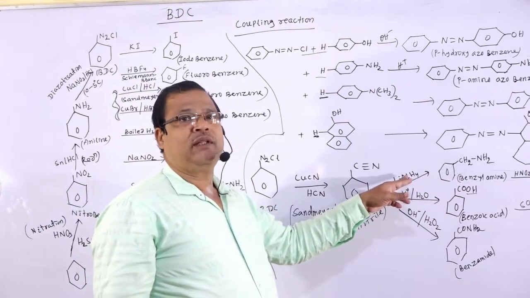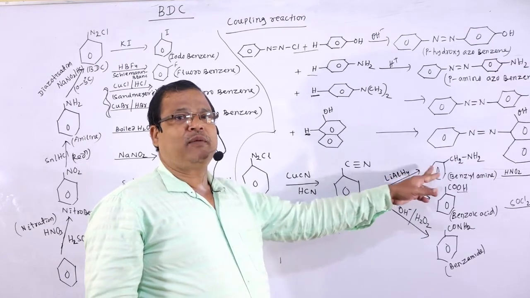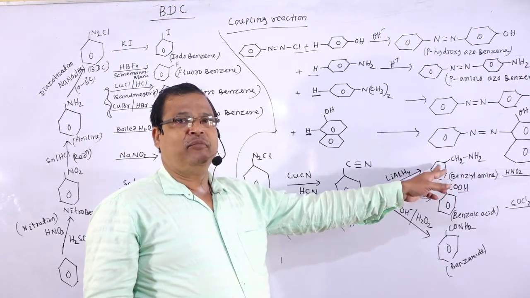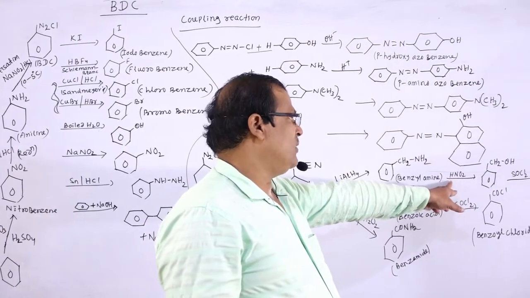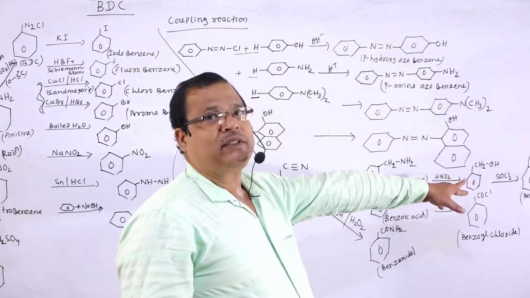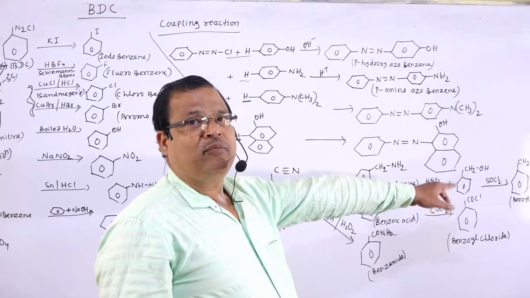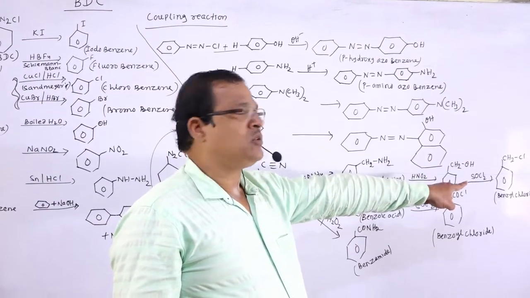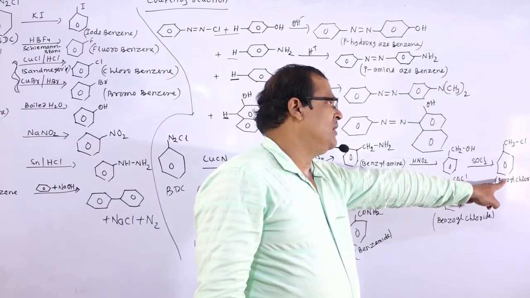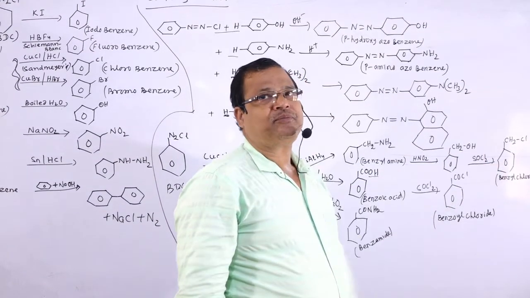Benzonitrile treated with LiAlH4 forms benzylamine. Benzylamine treated with NaNO2 and HCl forms benzyl alcohol. Benzyl alcohol treated with PCl3, PCl5 or SOCl2 forms benzyl chloride.